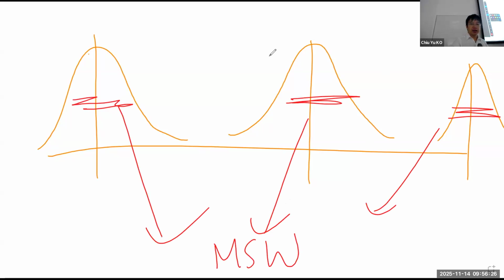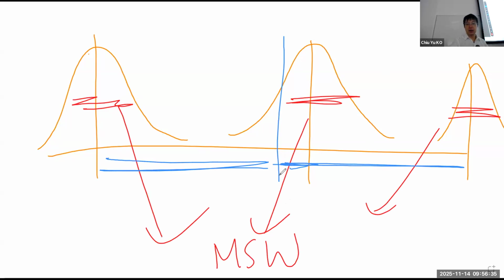The mean may be somewhere here, looking at this, this, and this. This blue will be MSG, across different groups. So obviously, if they have different locations, MSG will be way larger than MSW. If they're the same location, then that's okay. Is that clear?